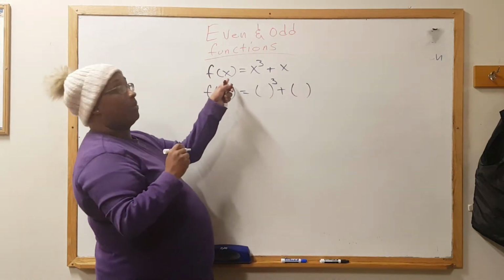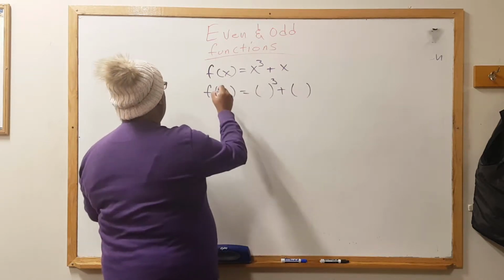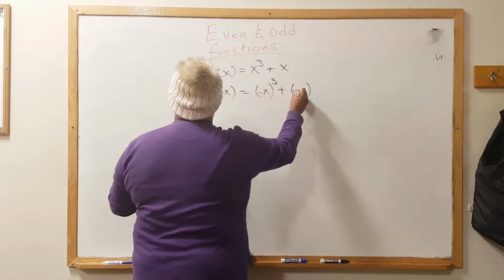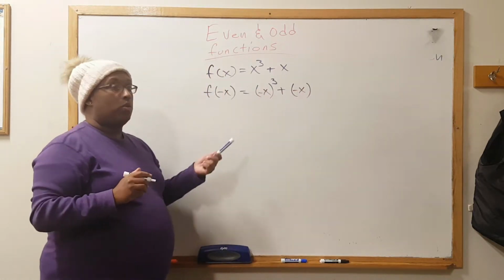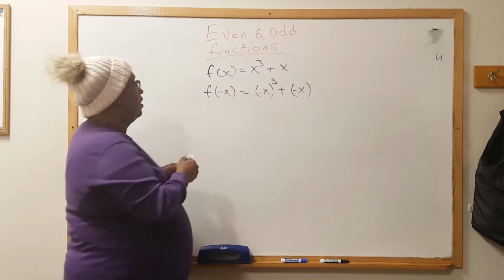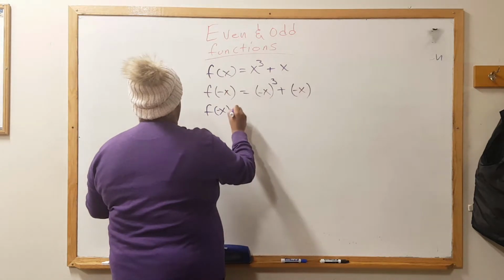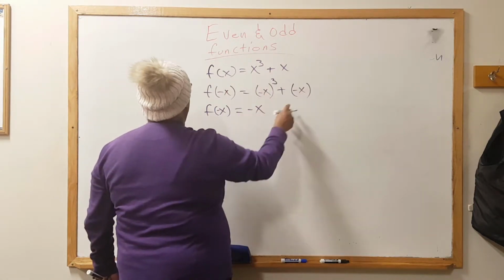Again, we're going to substitute x with negative x. So if I plug in negative x for our input, let's find out what we get. Negative to an odd power is negative.